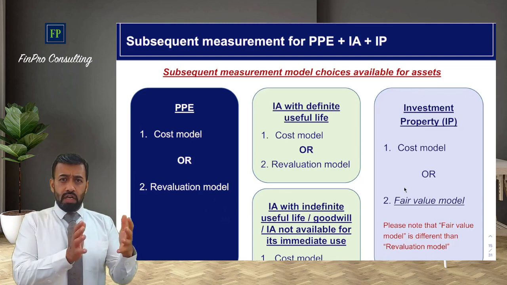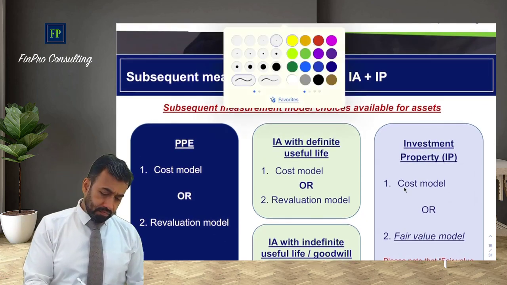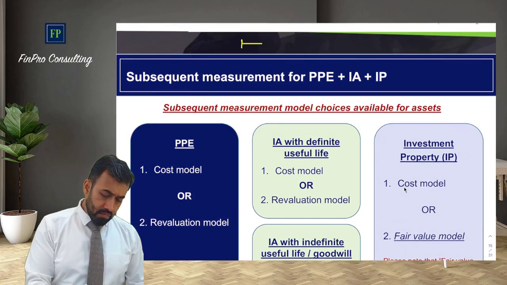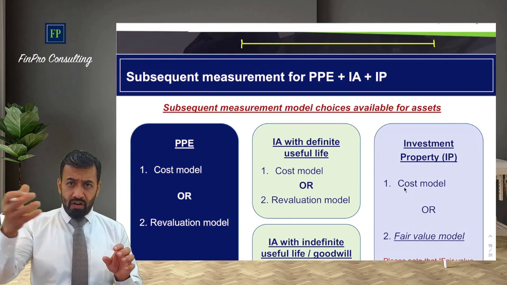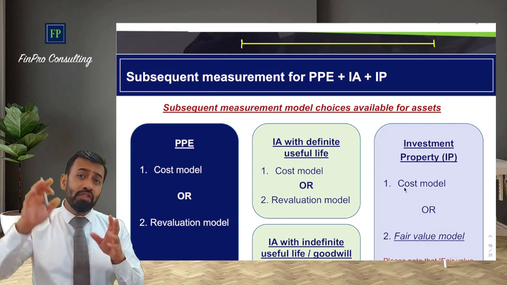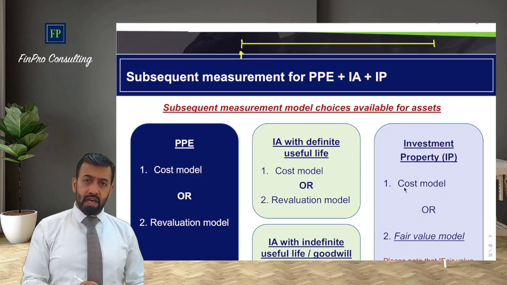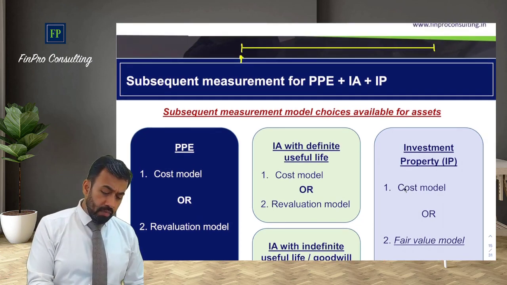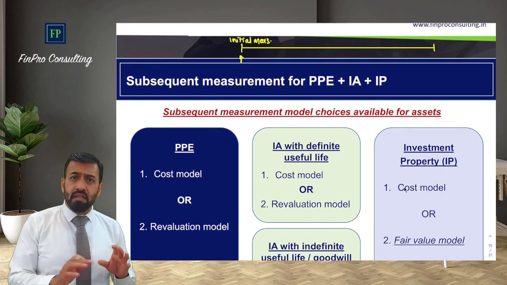Initially, on the measurement date, let's say you are capitalizing certain expenditure you have made. You are not charging it out immediately to P&L. You are capitalizing here on this date. This is an initial measurement. Why are you capitalizing this?